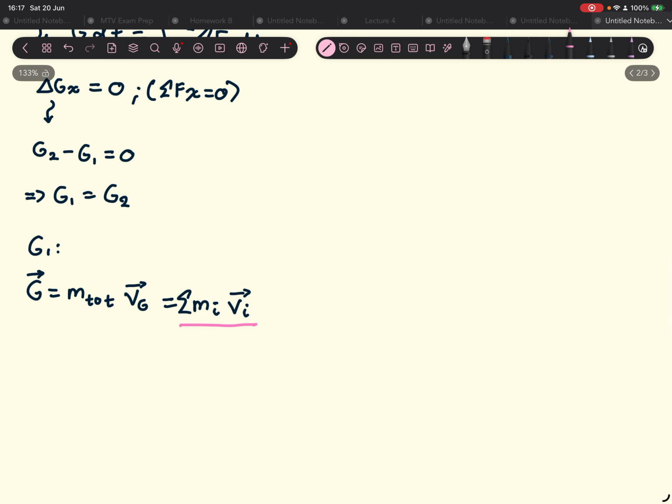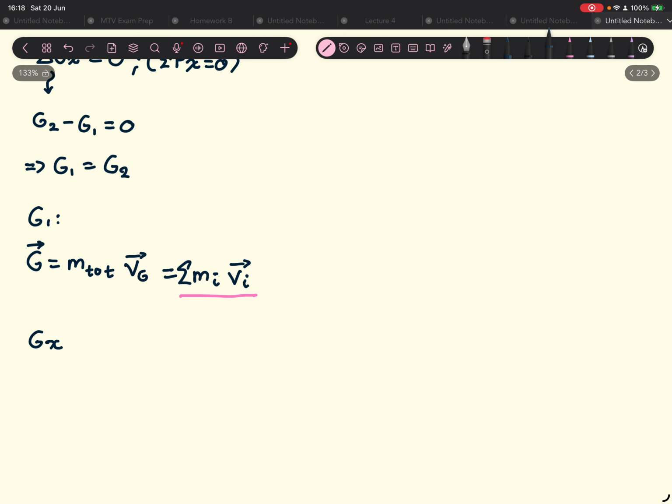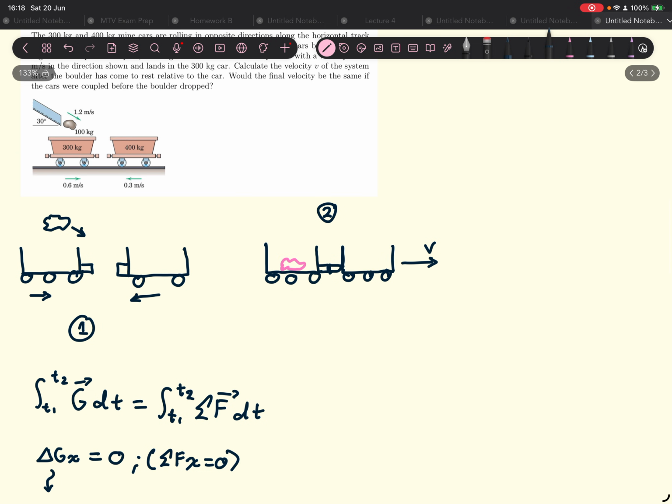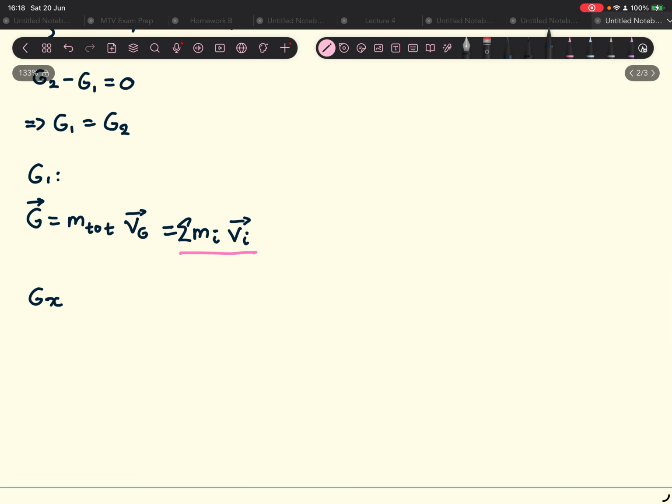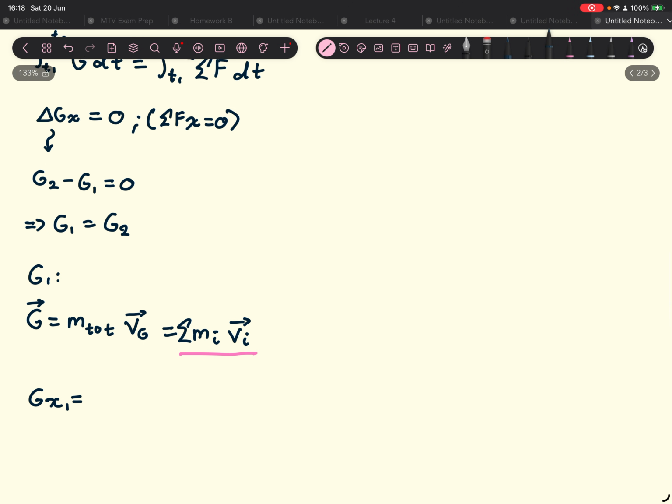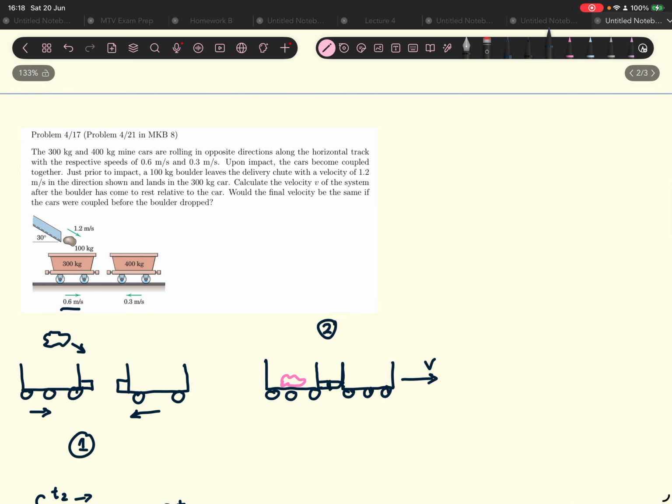So I'm going to say that g of x, because I know in the x direction it's conserved, so I'm only going to work with x components of velocity. So g of x1 is going to be equal to mass 1, which I'm going to call this 300 kg cart.